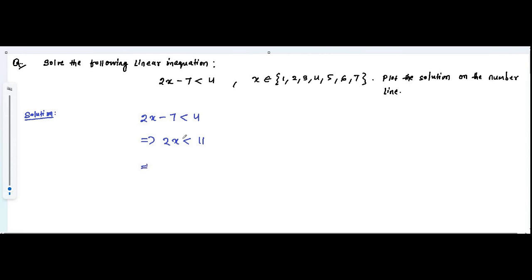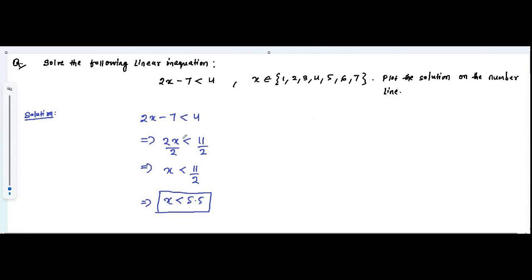Now we'll divide both sides of the inequation by the same positive number, 2x by 2, 11 by 2, so this becomes x is lesser than 11 by 2, or we can write it as x is lesser than 5.5. Okay, so this is the solution of the given linear inequation.